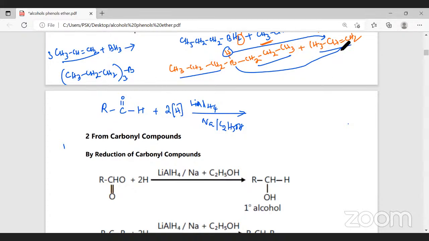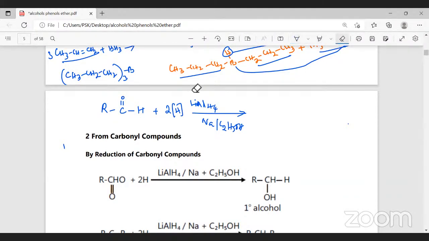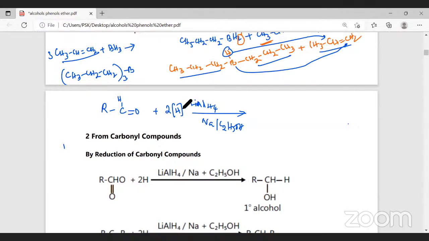Let me represent the aldehyde like this, for our convenience: RCH with a double bond to O. One hydrogen attacks this oxygen, the other hydrogen attacks this carbon. So I have RCH, and here this hydrogen attacks.